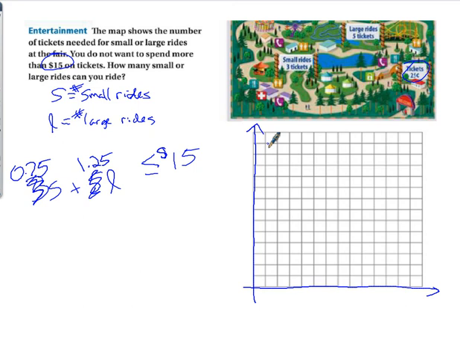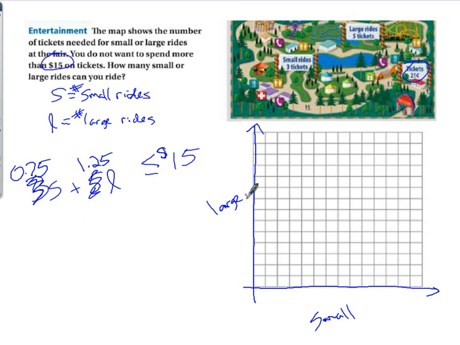What do you want to put on the x-axis? It doesn't matter. Small. Okay. Small, which makes large rides on the y-axis. Now, if I want to put this in slope-intercept form, it's y greater than or less than or equal to mx plus b, right?